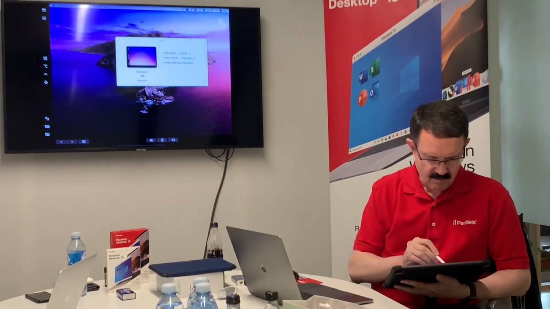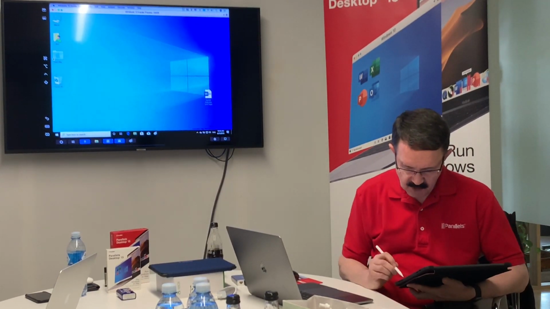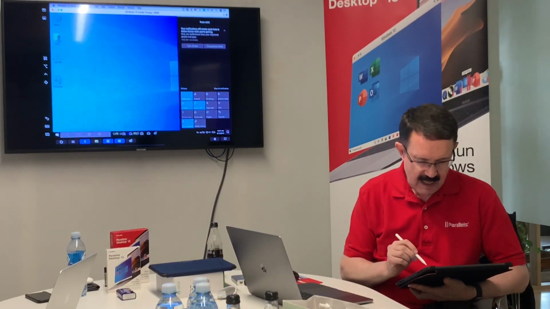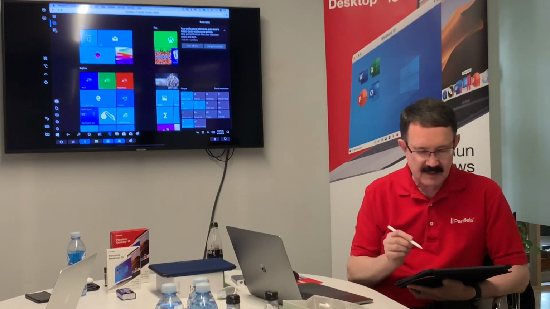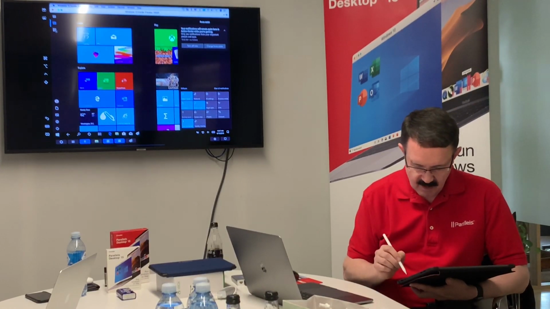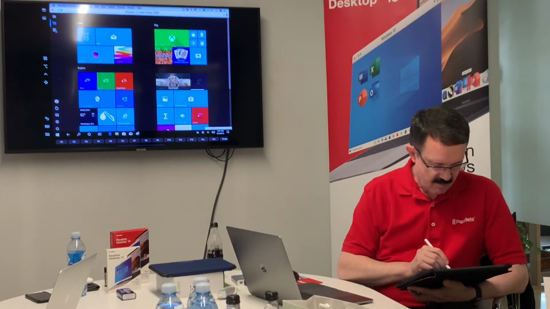Wow. There we are. And so Windows has a touch mode. So you can turn that on in Windows 10, tablet mode. And when you do so, this becomes kind of like a Surface tablet. So I can launch an app.